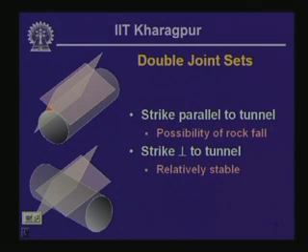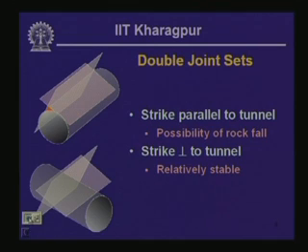To summarize what we talked about in this problem involving double joint sets, if the strike of the joint sets is parallel to the tunnel, then you should consider the possibility of rock fall, and if the strike is perpendicular to the tunnel, then you are going to have a relatively stable configuration.